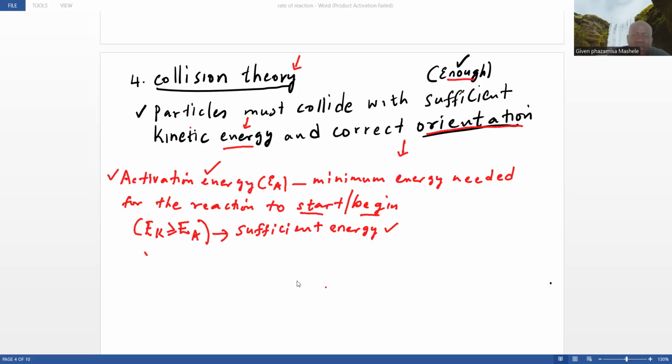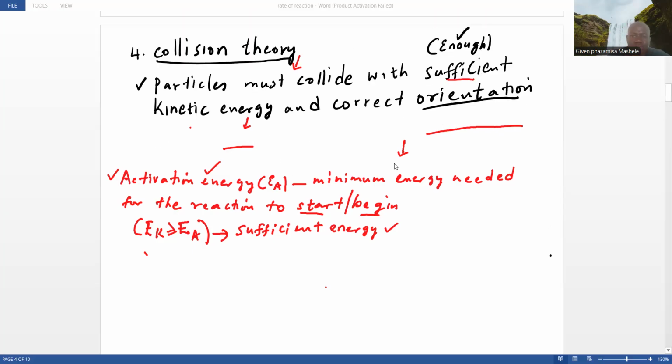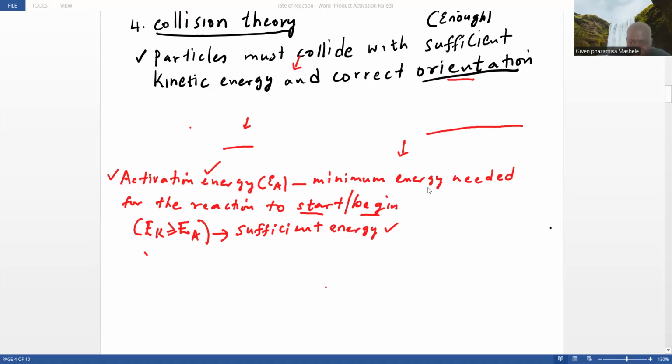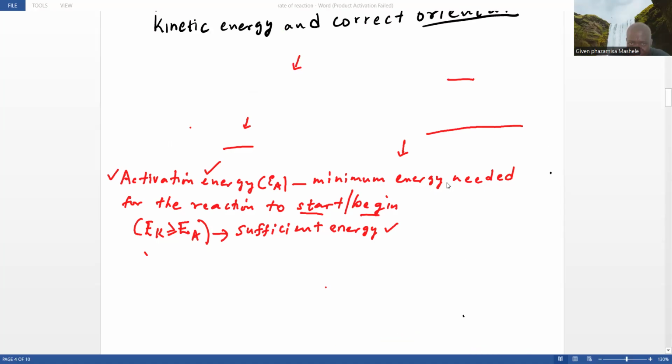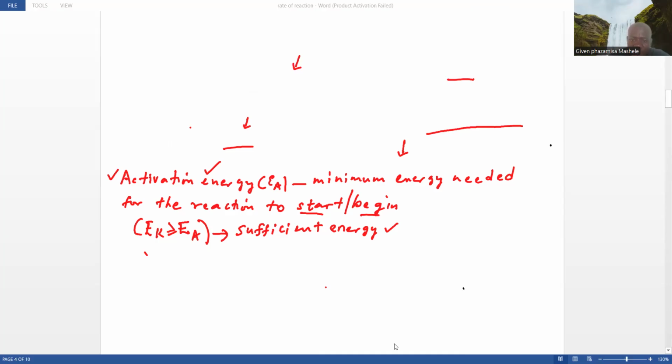According to the Maxwell distribution curve, we are comparing the number of particles and the energy involved, or actually the kinetic energy involved.